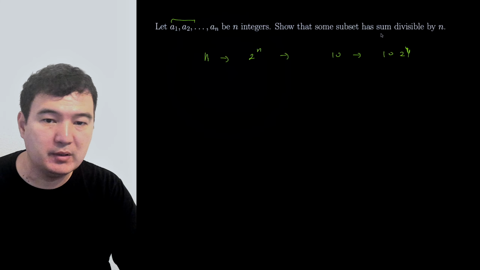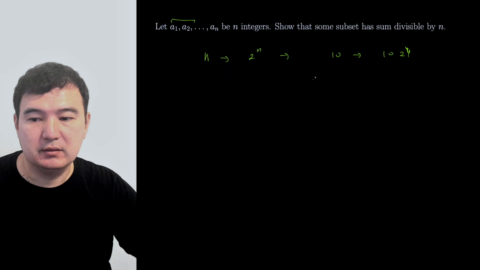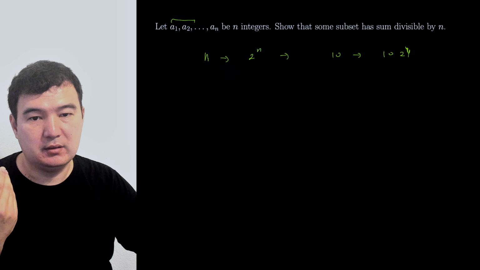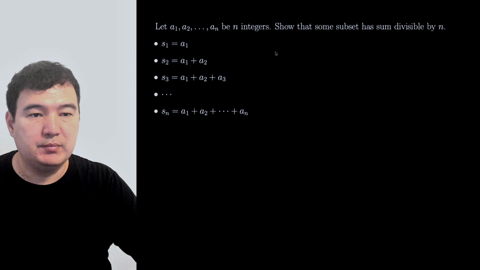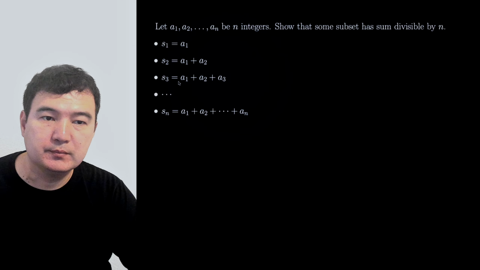Just imagine the following subsets and their sums. The first number, then the first and second number. These are the prefix sums. So the first one is basically the first set, A1, then A1 and A2, A1, A2 and A3, up to A1 to AN, all the numbers.